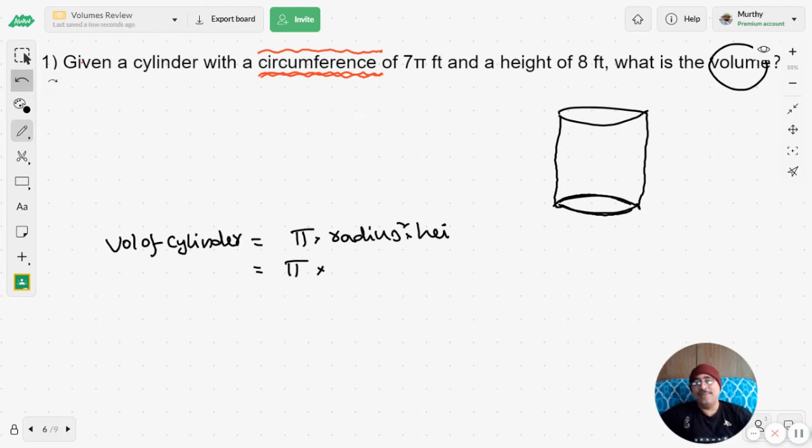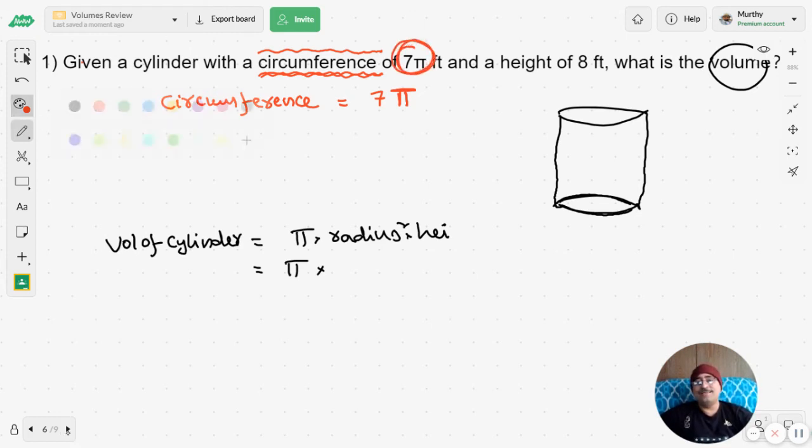So for that we have to solve separately for the radius. The circumference of a circle equals 7 pi. This is what is given in the question.